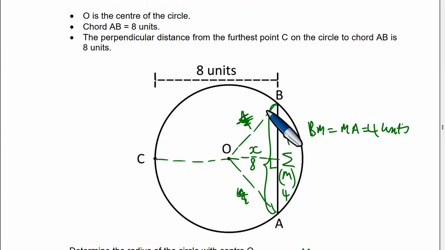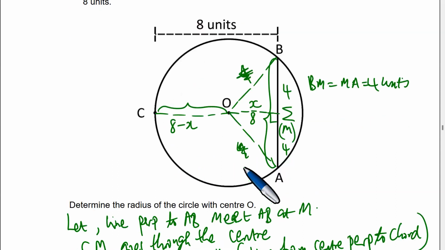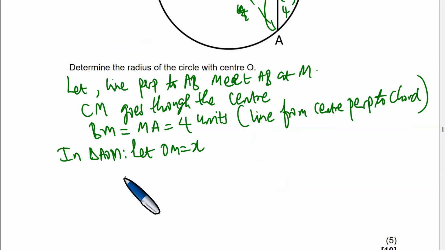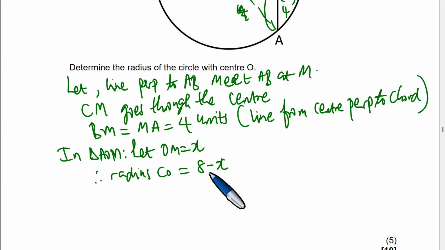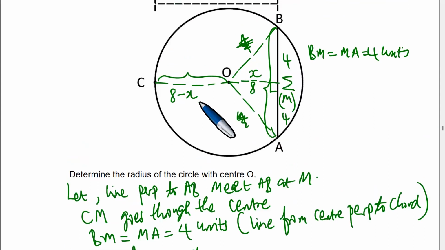Because you already know that the distance from the chord to C is 8 units, that will mean that CO is 8 minus X, because the whole thing is 8 but you're removing X. So the radius, which we actually mostly need for this question, CO is equal to 8 minus X. We're getting closer because we got 8 minus X. We just need to use algebra.